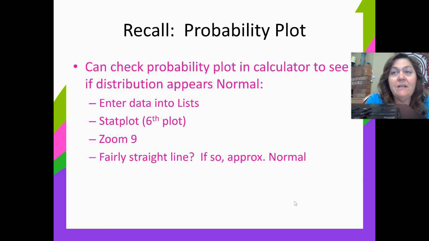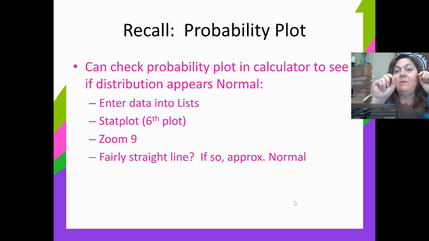And so you're going to put your data into your list, and you're going to run the stat plot, which I showed you as the sixth plot over on your screen for the TI-83/84s. And then when you hit zoom 9, you're going to look at that. And if the points are fairly straight in a line, then you could say, based on my plot, this data is approximately normal. So when you're running your conditions and normal is one of the conditions, if n is not greater than 30, then you can run your plot and say, here's a sketch.